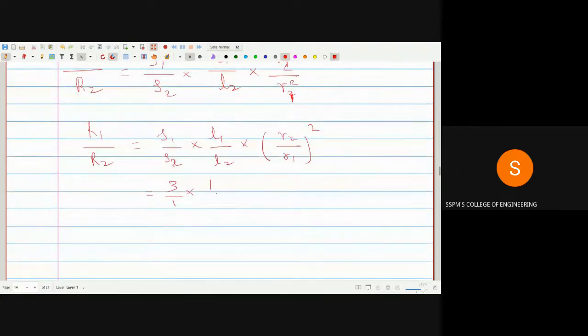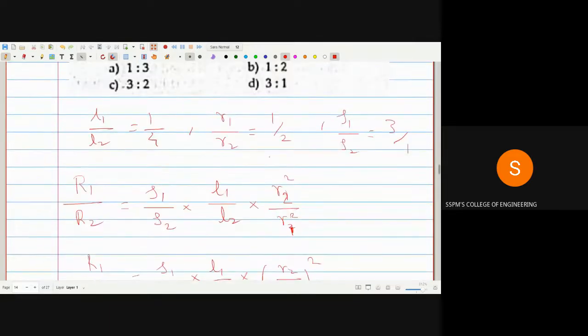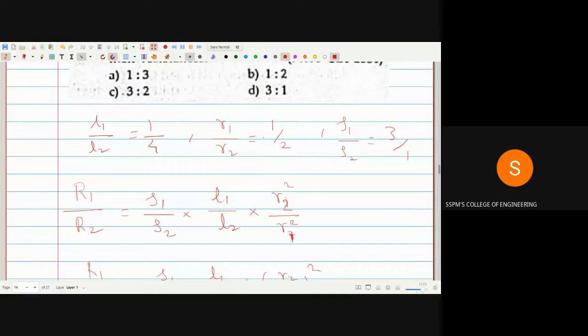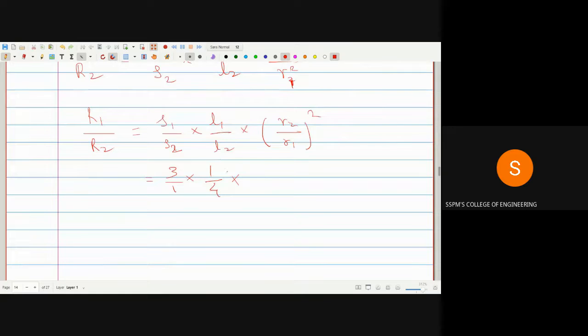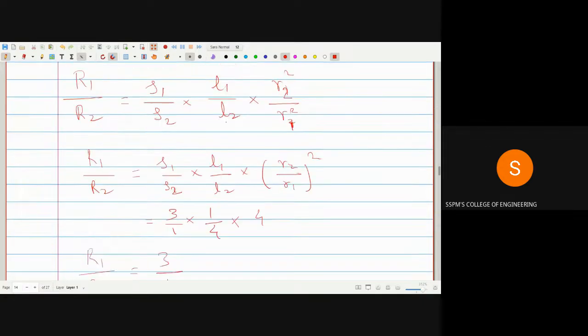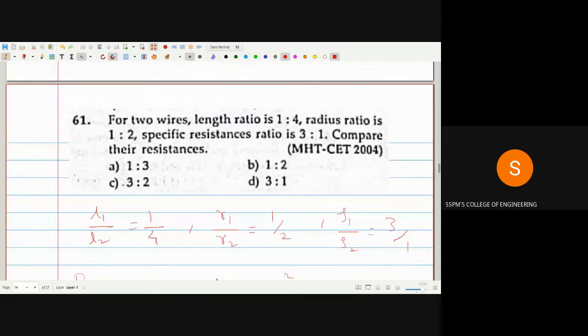R1 by R2 is 1/2, but R2 by R1 is 2, so squared it will be 4. So R1 by R2 is equal to 3 by 1. What is the ratio? A 3:1 ratio. Check the options: 3:1 is option D. Isn't it?